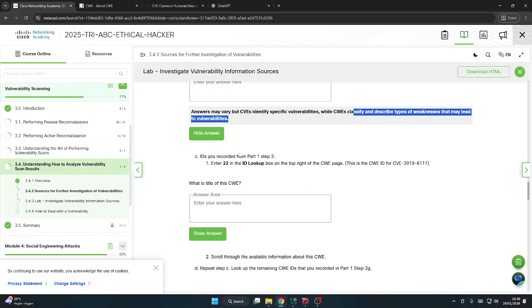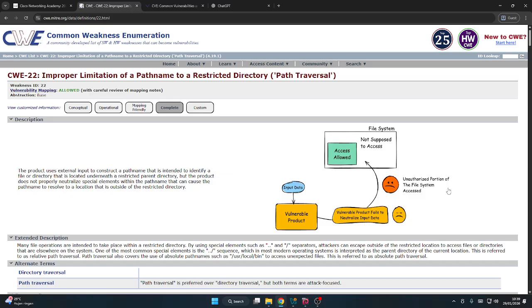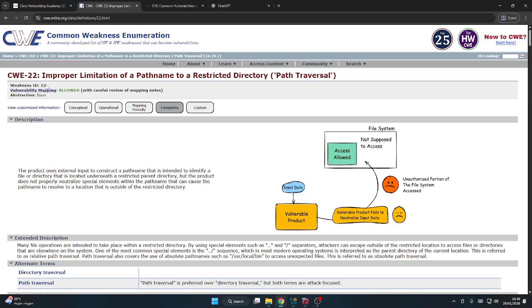Using the IDs you recorded from part 1, step 2, enter the ID in the ID lookup box at the top of the CWE page. Improper limitation of a pathname to a restricted directory, path traversal. The weakness ID is 22.